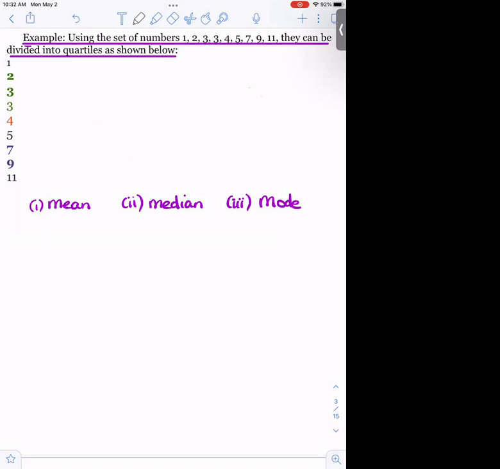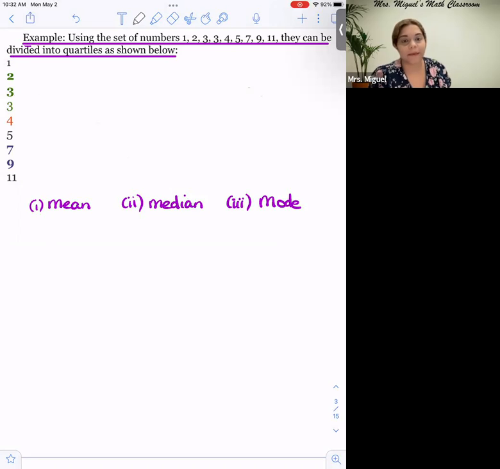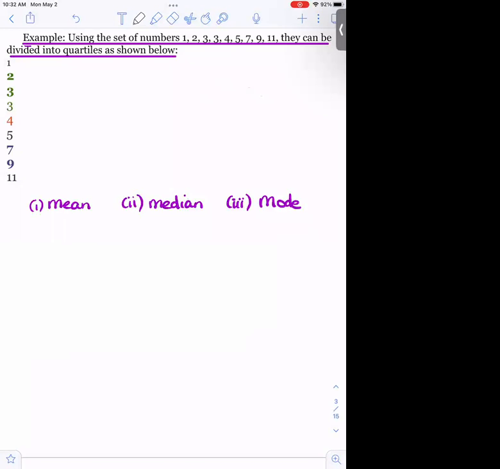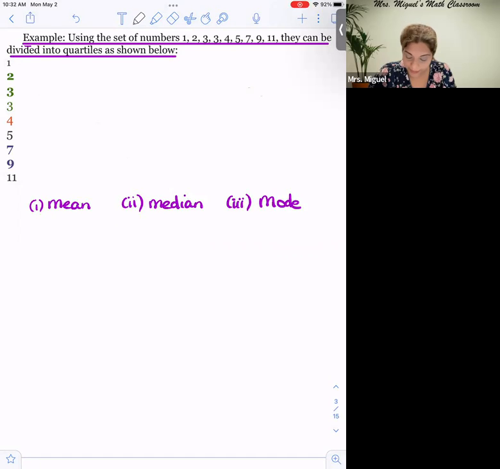Yes, miss. All right, let's go. So somebody tell me, how are we going about finding the mean? What do we do? Add all and then divide it by the amount. Yes, so we're going to add all and divide it by the amount.